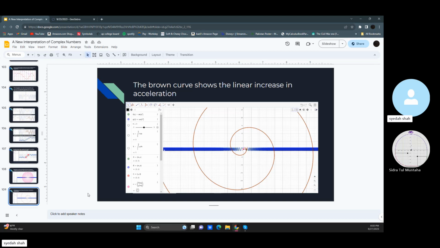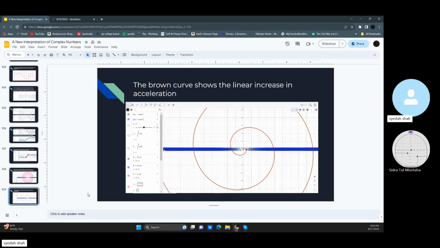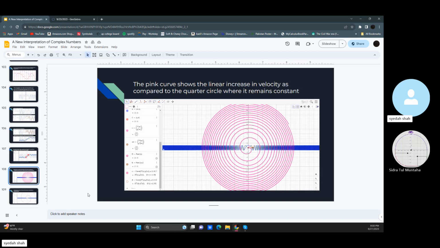So the increase in velocity is much higher, while there is less in acceleration.